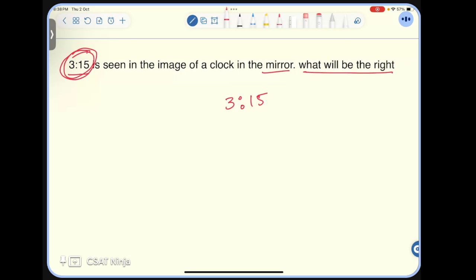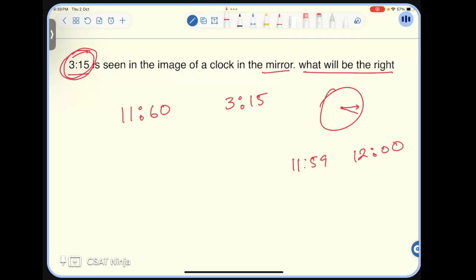So 3:15, can I represent it? If this is a clock here, that means 3 will be around here and 15 will be around here. So this is 3:15 here. In this kind of case, from 11:60, we subtract the value. Why 11:60? After 11:59 comes what? 12.